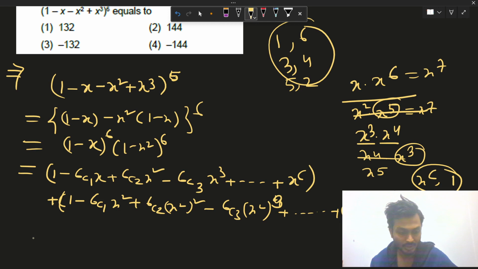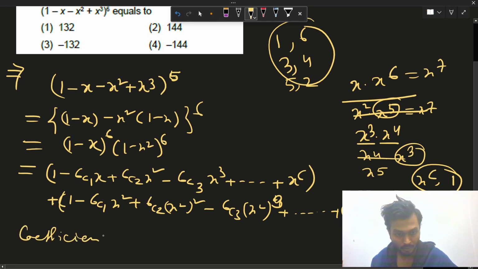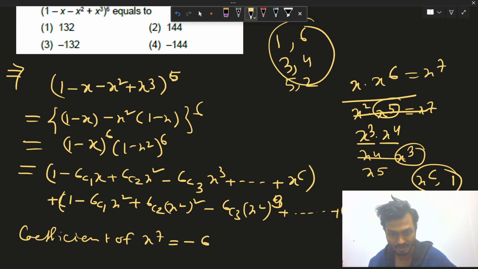So the coefficient of x to the power 7 equals, first of all we take 1, so coefficient 1, so here minus 6C1 into the coefficient of x to the power 6. So x to the power 6, where we get, here we get x to the power 6, so this will be minus 6C3.